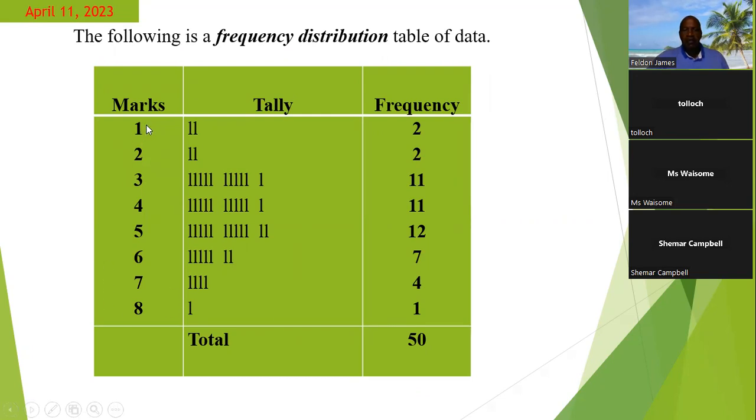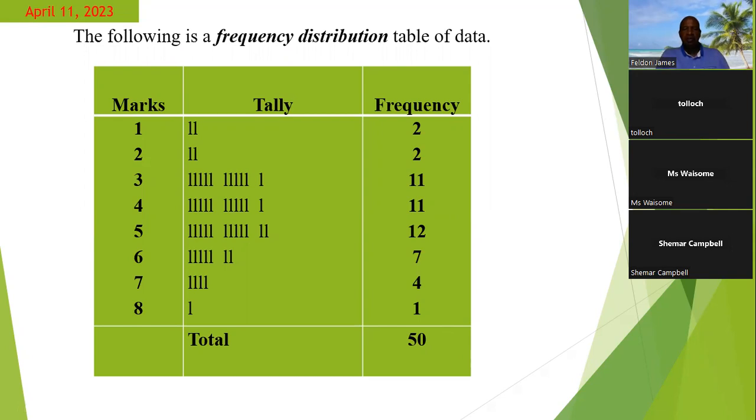Now, it is all well and good if we are dealing with a range of numbers from 1 to 8. So that's a small range when we are dealing with data. But some data, the range of the data might spread out way further than just from 1 to 8. You may have data with ranges going from 1 to probably 1,000.